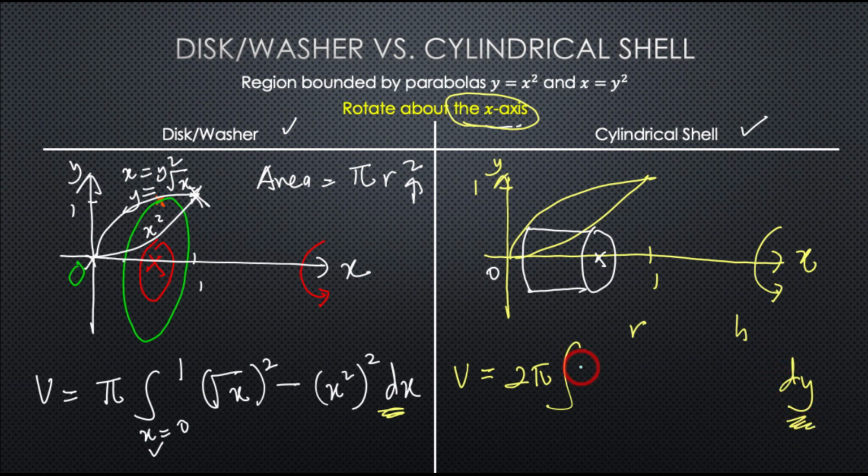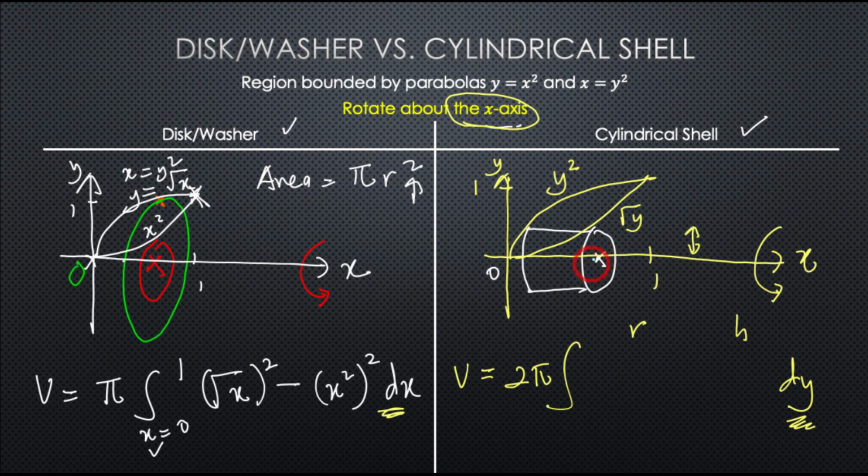Okay, now your r and h. This one is y square, but this one is y equal to x square from here. So now x is the cube root of y. The radius for the circle is this one.